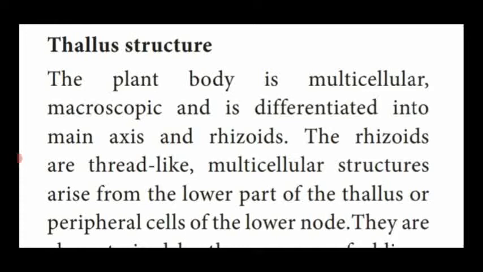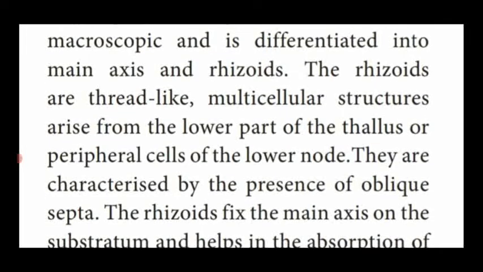Then the rhizoids are in the form of thread-like. The rhizoids are thread-like. Multicellular structure arise from the lower part of the thallus or peripheral cells of the lower node. So the rhizoids are thread-like.